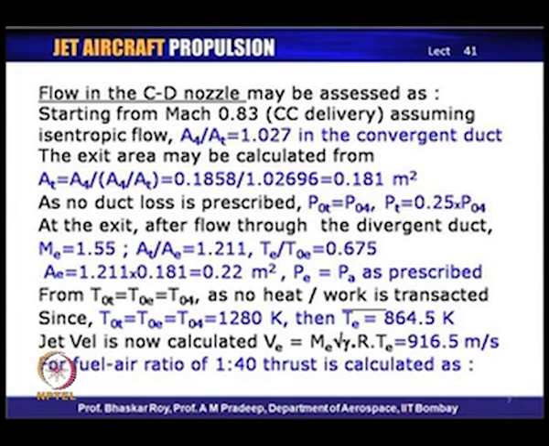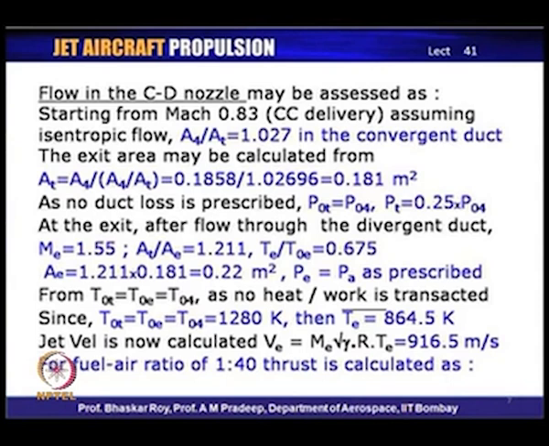Now, since no duct loss is prescribed, the total pressure at the exit face remains the same as P04 that we found earlier from the Rayleigh relations, and as a result the value of static pressure at exit is 0.25 times P04, and at the exit one can then find the Mach number ME, and that would be 1.55.